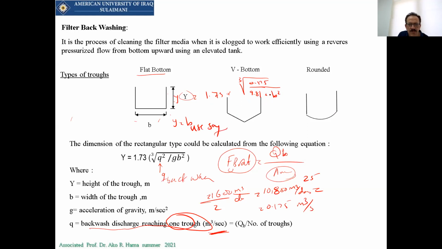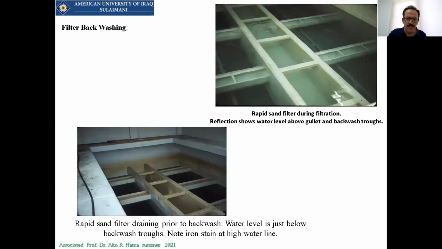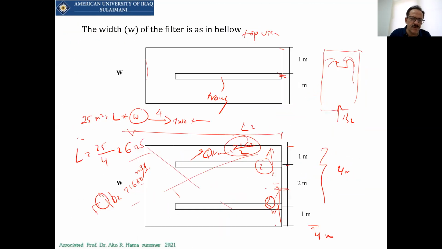So square one means that this is y and this is b. I will assume this is b, and from this one I can find the b. This will help you to find the dimensions of the trough.